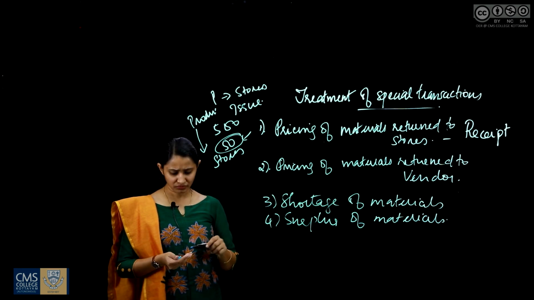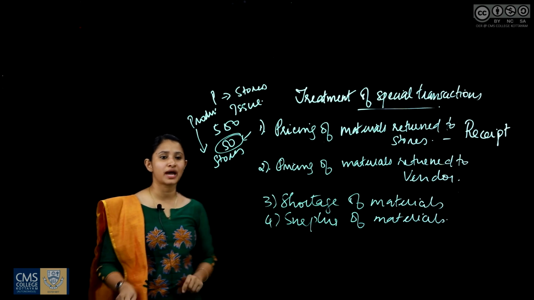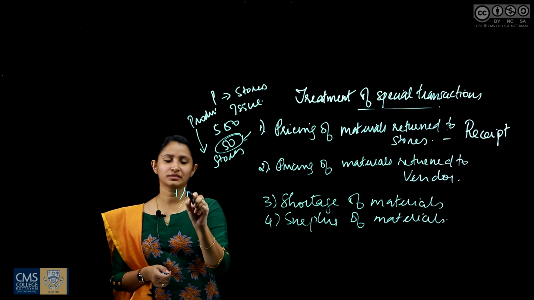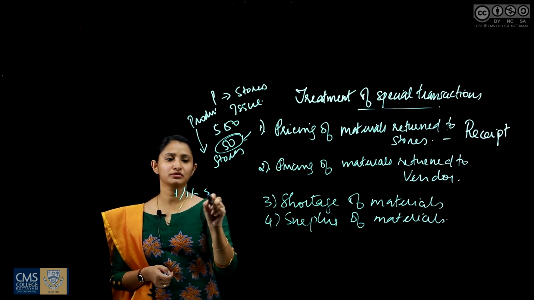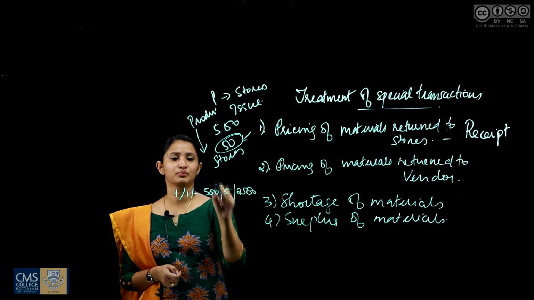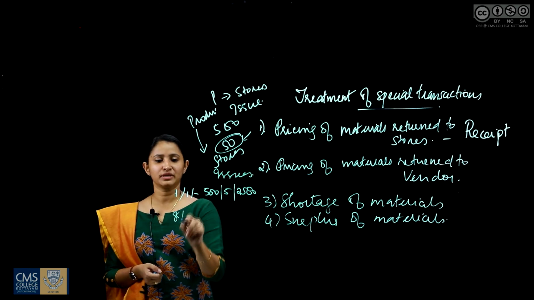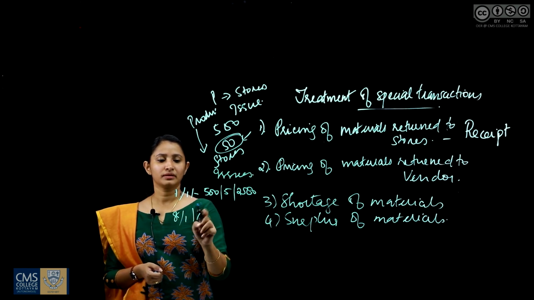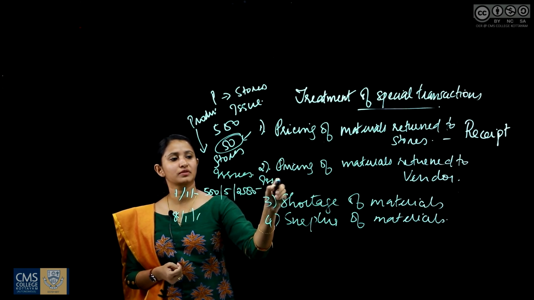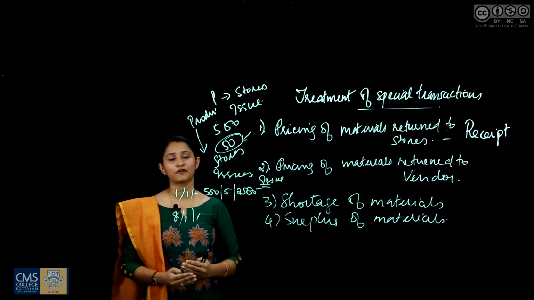Now if the date is mentioned, for example on 1st January you issued 500 units at 5, so 250 rupees. So this is the issue made. And on 8th January the production department is returning to us. The issue is shown in the issue column because they asked us for materials for production.